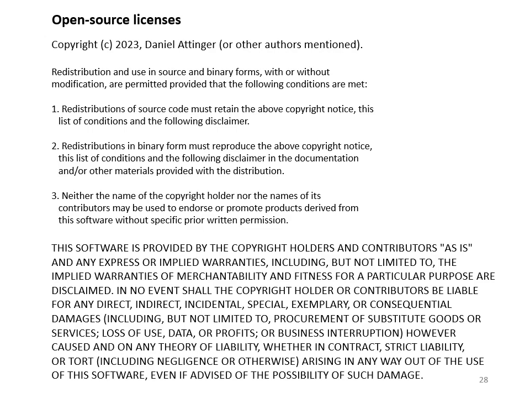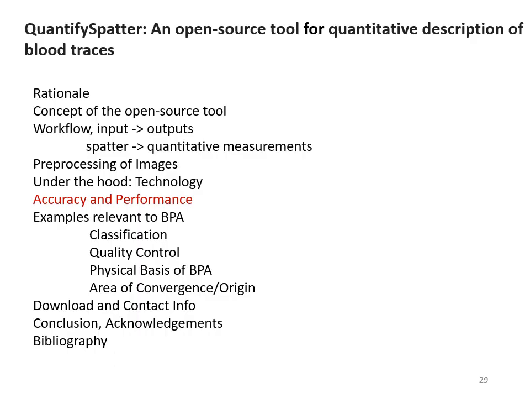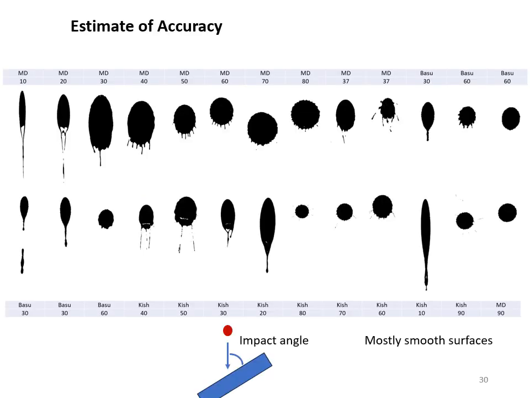So how accurate and fast is that? I looked first to estimate the accuracy. I didn't spend much time, but I opened textbooks of BPA, like the one of McDonald that has a bunch of pictures of stains with the impact angle given.